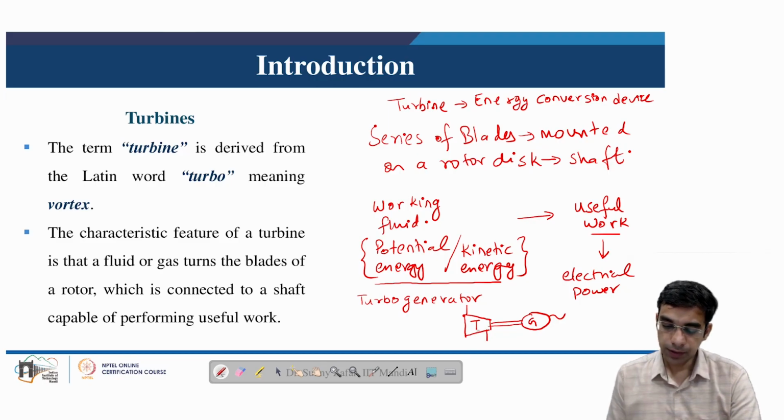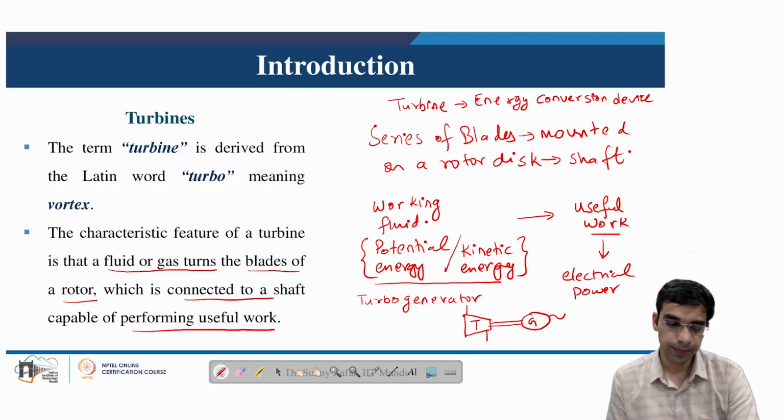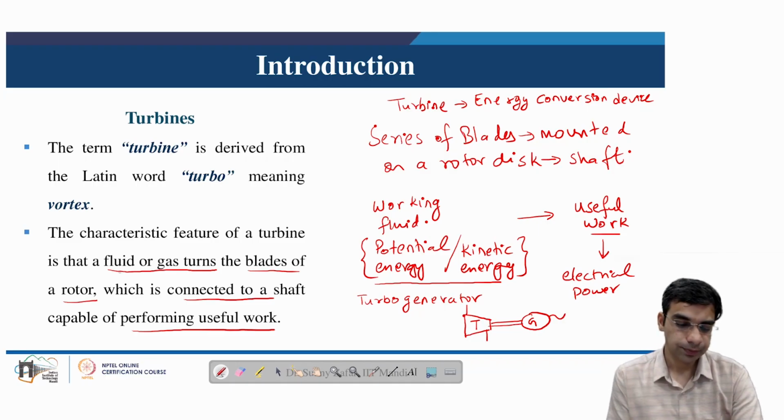So the characteristic feature of these turbines is that we have a fluid, a working fluid or a gas. We have a set of blades on the rotor, and these are connected to a shaft which is capable of performing useful work. Now, different types of turbines are available these days.